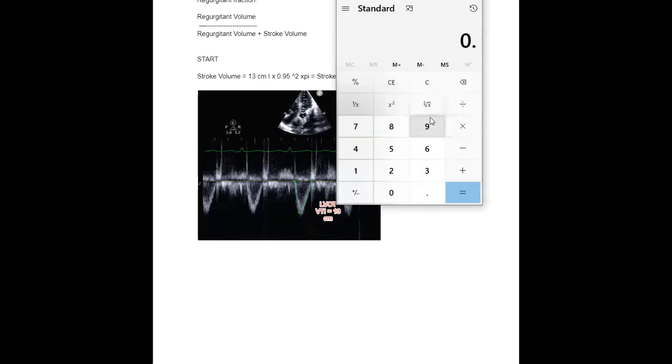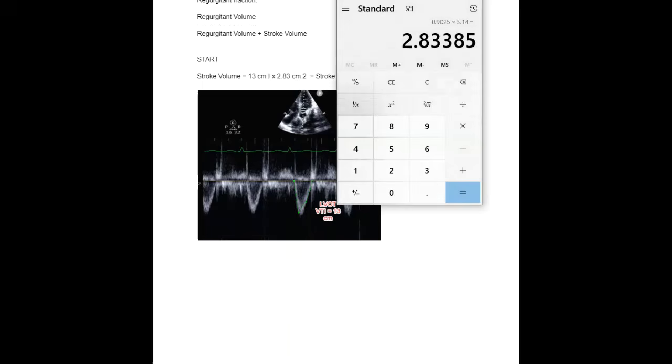Pi r squared. And that will come out to be, pulling up our calculator, 0.95 times 0.95 equals 0.90 times pi, 3.14. And that gives you an LVOT area of 2.83 centimeters squared.